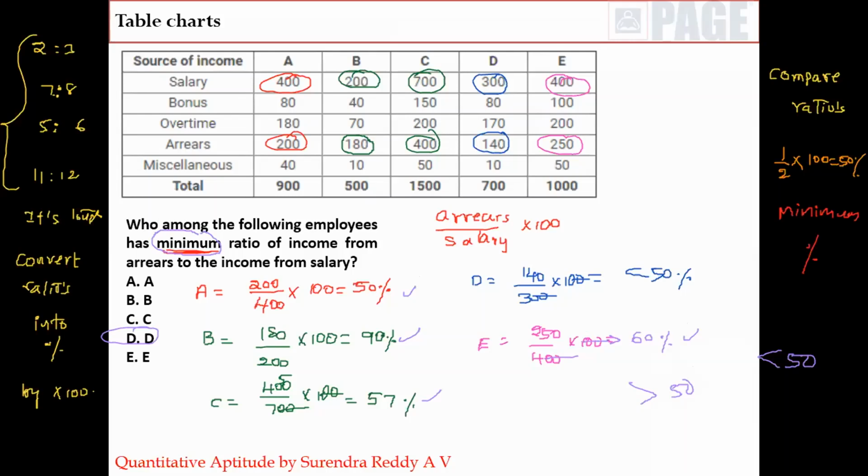So what is the meaning of arrears, sir? Arrears means some part of income. For example, somebody may work overtime. Somebody may claim, for example, if they go for any cab uses, any utilities they use, that comes under arrears.